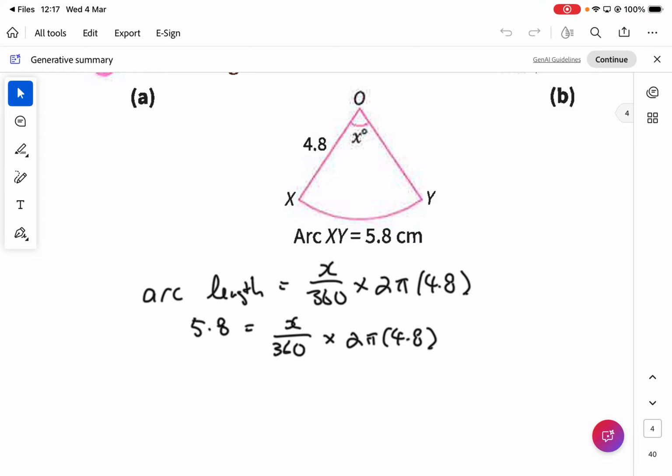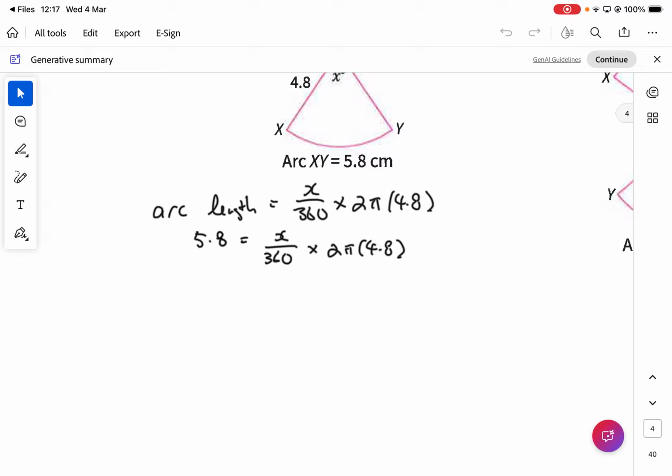Then 2 pi times 4.8 divided by 360 is a number. I can just press calculator. 2 times pi times 4.8 divided by 360.